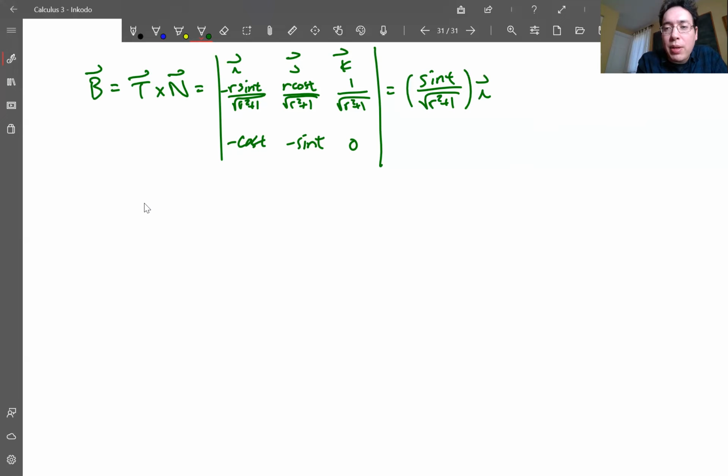That's the i-th component. And then the j-th component is going to be this ugly thing times 0 minus negative cosine t times this thing. So we'll get cosine t over square root of r squared plus 1 in the j-th direction.